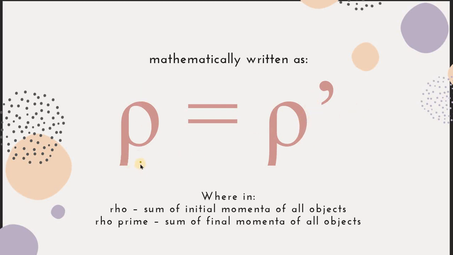We have initial, or before the collision, and then after. You can read this apostrophe as prime, which means the collision has happened, or this is already the final momentum after that collision.